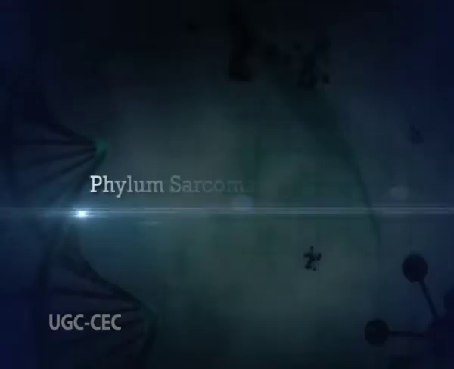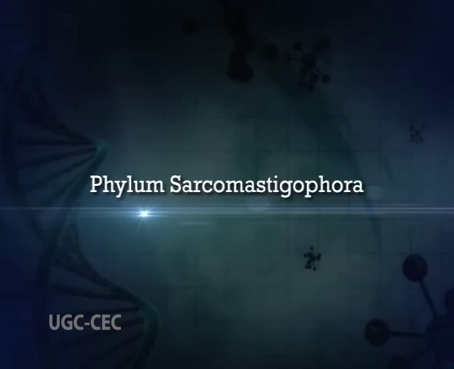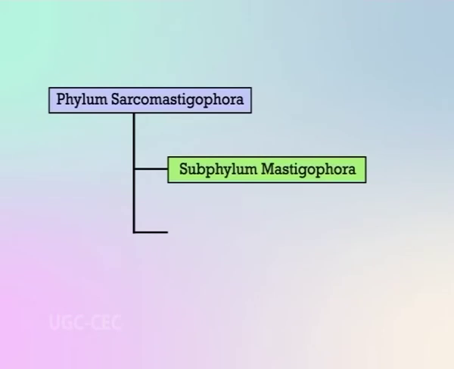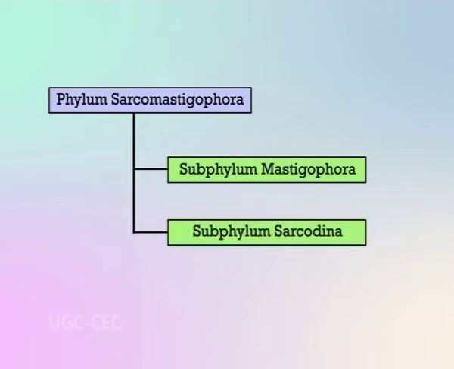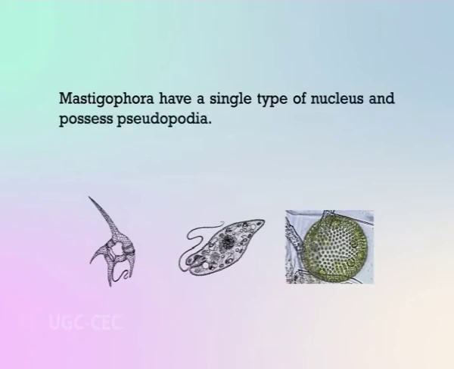Now we'll see the Phylum Sarcomastigophora. In the Phylum Sarcomastigophora, there are two subphyla, that is subphylum Mastigophora and subphylum Sarcodina. These have a single type of nucleus and possess pseudopodia.